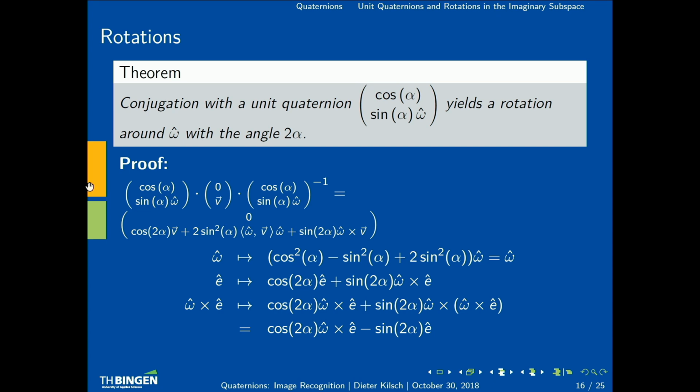Now to check that it is really a rotation, I check what it does with the vectors, and really from this calculation, we see that it is. You get the right result. The axis is not touched at all, and the others are rotated in the same way as the x and the y parts in the plane are rotated. So you would get the same formula. We have the x comparable to the x-axis, the e dash, and comparable to the y-axis, omega cross e dash.